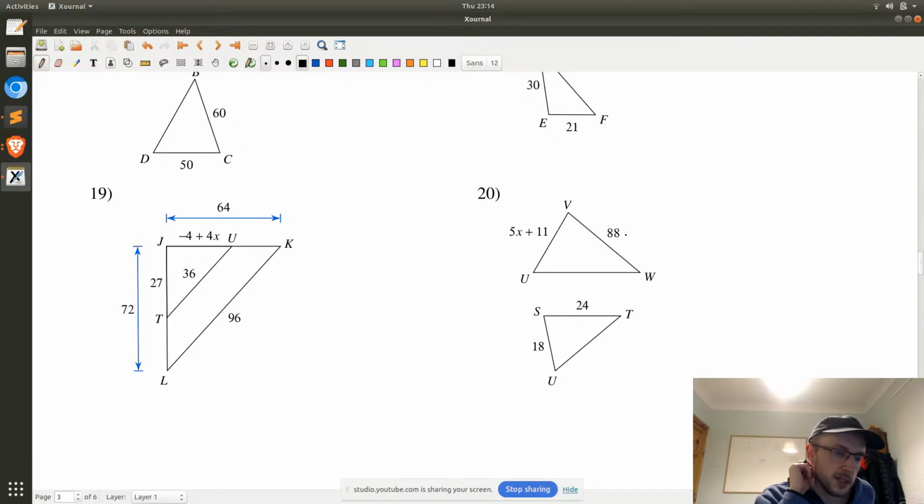Yes, divide by 3 to get 12. And then times that by 8. Okay.